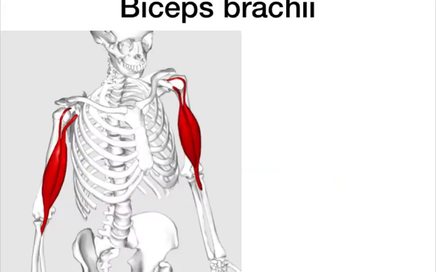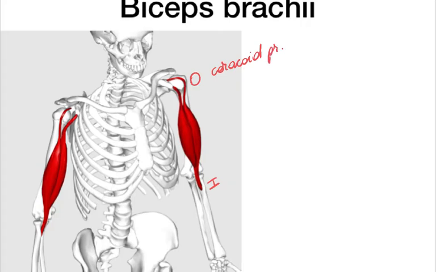Here we see a really nice image showing the biceps brachii with its two bellies, or you could say its two heads, totally isolated. So these are the two origins here. And here is the insertion. So the origins are going to be the coracoid process of the scapula.